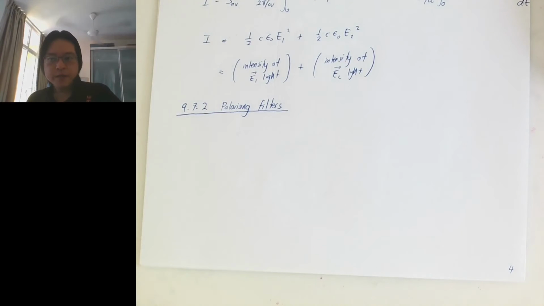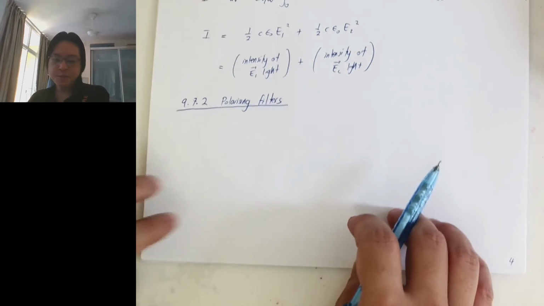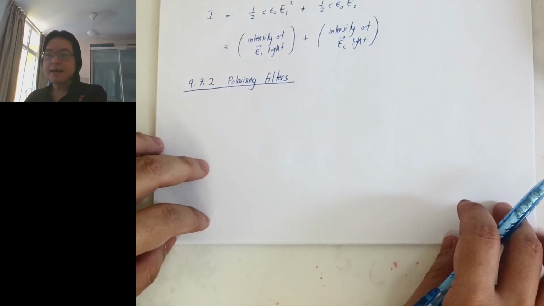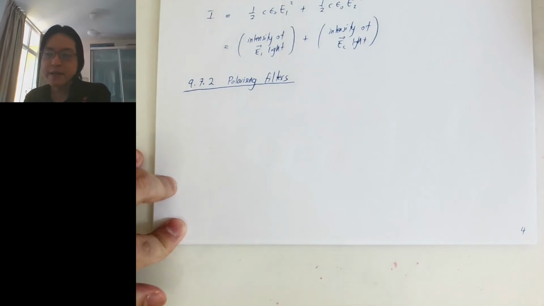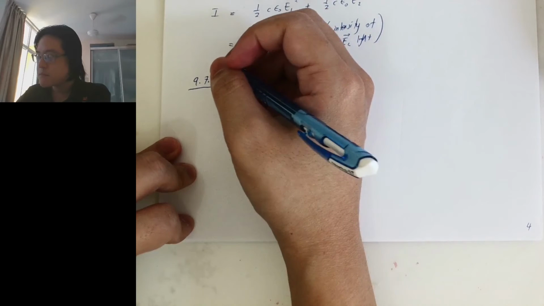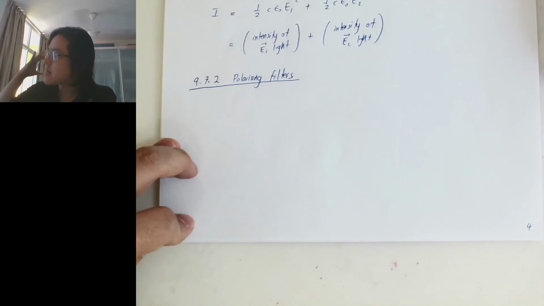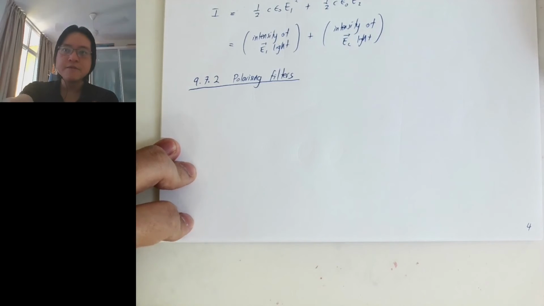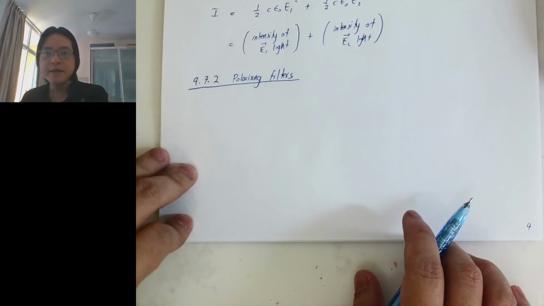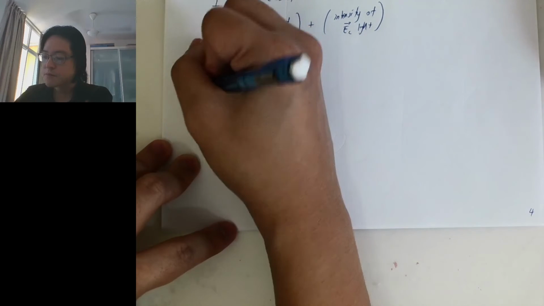So the next topic will be polarizing filters. Like I said, polarized light can only be produced by ideal sources, and most light, like the light around me right now, is unpolarized light, except for the light coming out of this computer screen. LED light is polarized. So this is an issue.